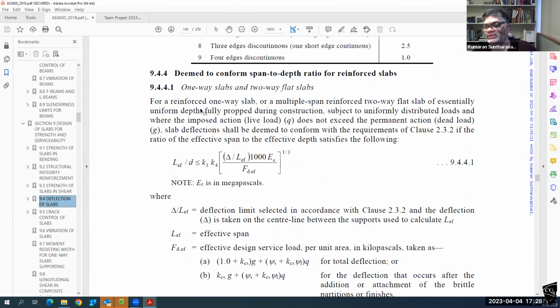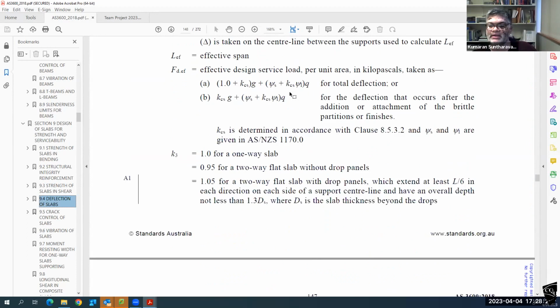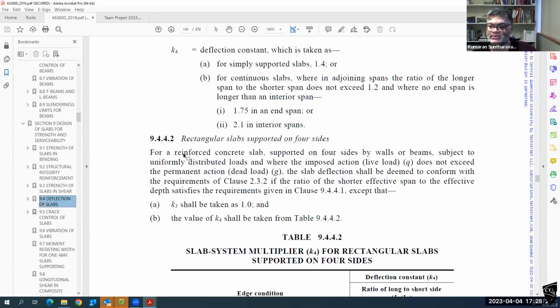K3, K4 is for one-way slabs and flat slabs. Flat slabs are in level 1, and we are not talking about that. We are talking about two-way slabs, the closed rectangular slab supported on 4 sides.